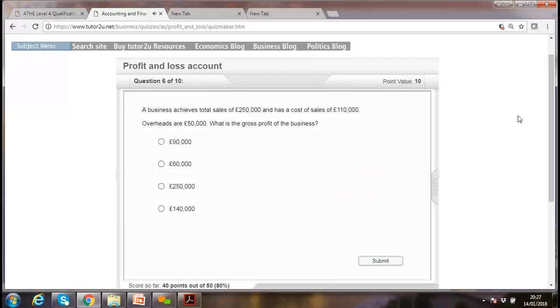Okay, next. A business achieves total sales, cost of sales and overheads. What will be the gross profit? Gross profit comes from sales minus cost of sales. So how much will the gross profit be then? Sales less cost of sales equals gross profit.